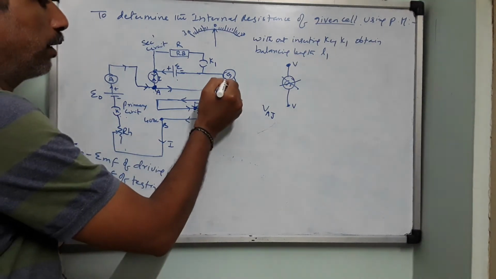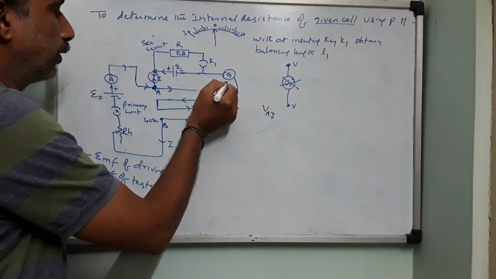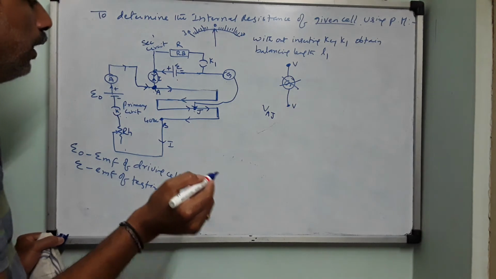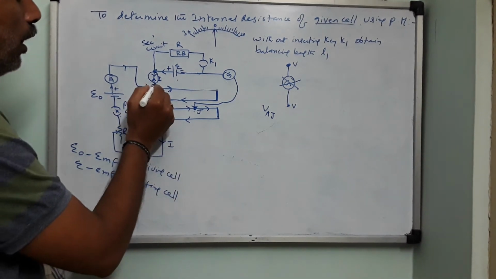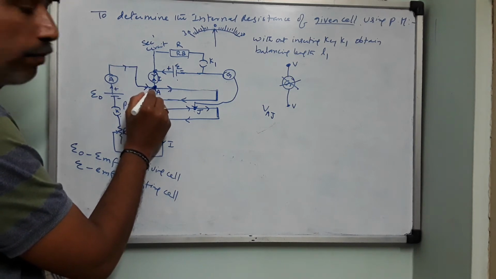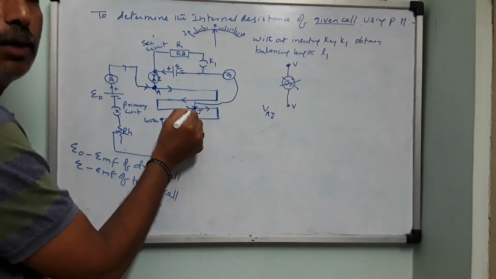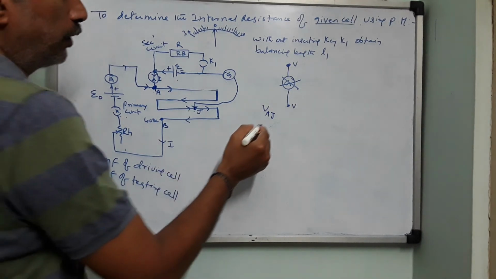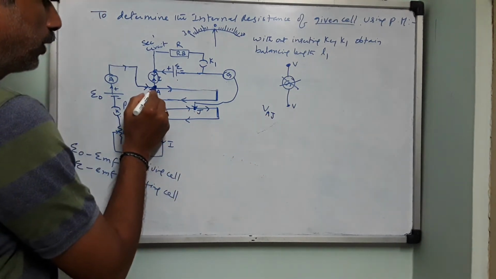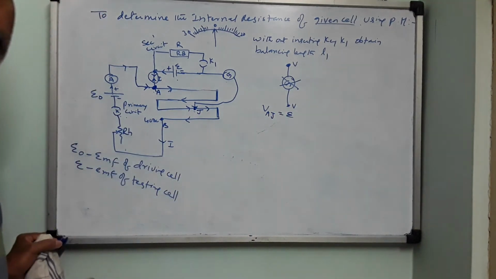Galvanometer will show zero deflection only when this point and this point have the same potential. So the potential difference between points A and J must be equal to the EMF of the testing cell.